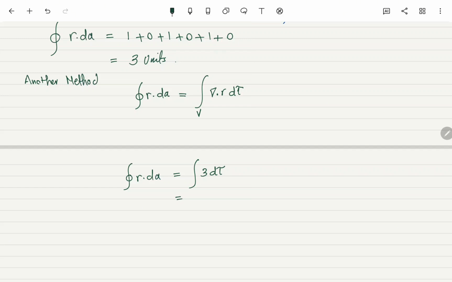The integration of dx from 0 to 1 is 1, of dy from 0 to 1 is 1, and of dz from 0 to 1 is 1. So all this d tau integration is equal to 1, and this whole thing is equal to 3 units.